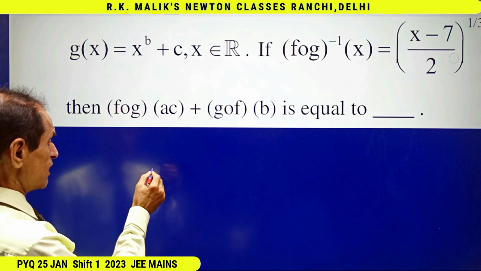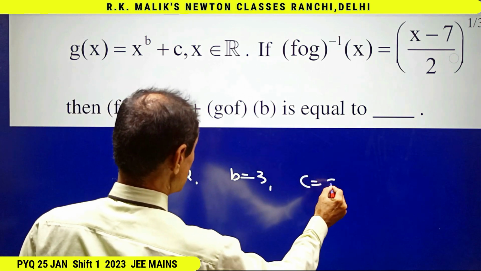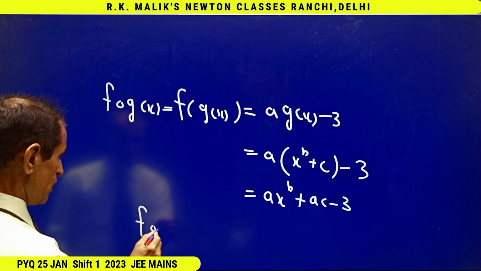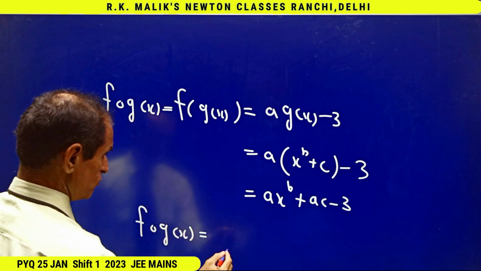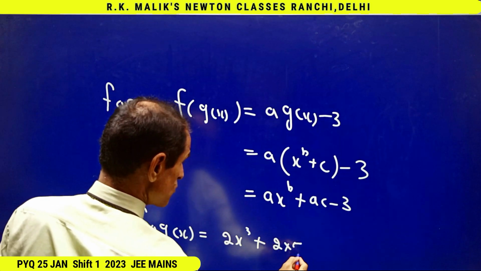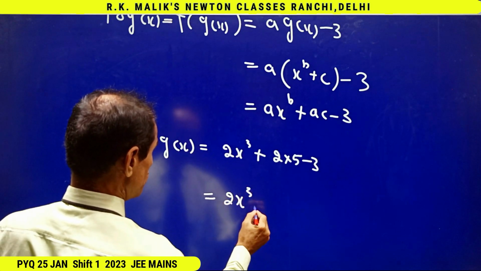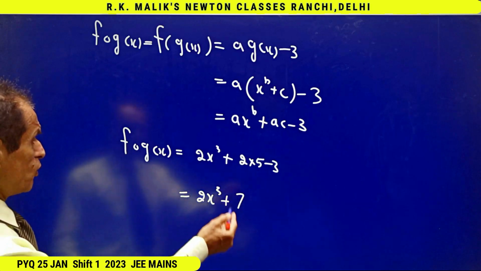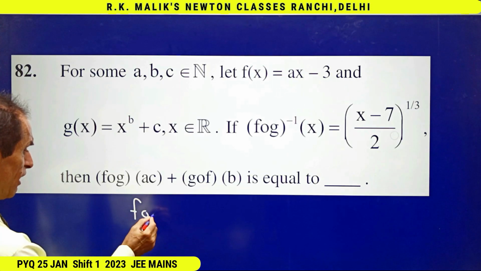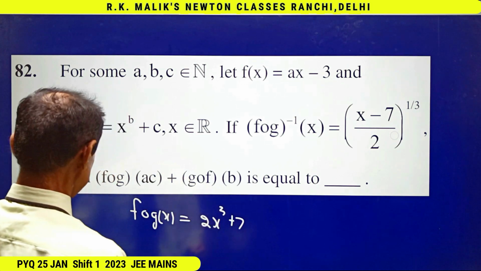So far we have reached the result a equal to 2, b equal to 3 and c equal to 5. Now putting the values of a, b and c, I get f∘g(x) is equal to 2x cube plus 2 into 5 minus 3, that is I have got 2x cube plus 7.